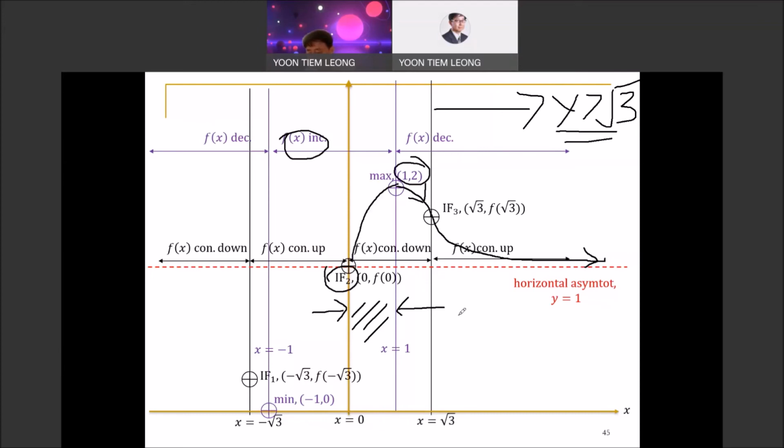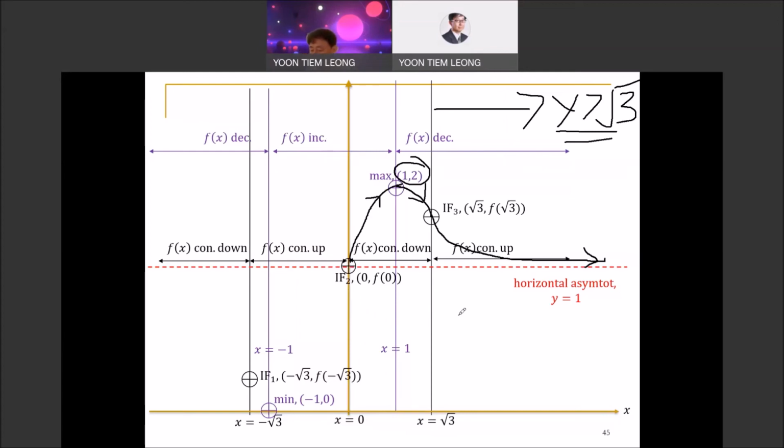So this is a graph that has negative concavity but is increasing. Okay, so that finishes the part of the function between x equals 0 and x equals 1. So this part of the graph has been drawn. I accidentally drew it wrong, so this should be like this.